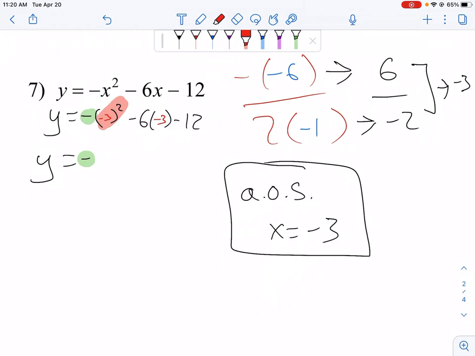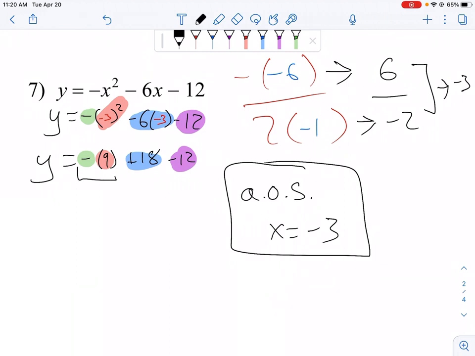Negative 3 squared means negative 3 times negative 3, which gives me a positive 9. I can work these out. Negative 6 times negative 3 is positive 18. And then 12 back here, forever alone, had nothing to do, so I'm just going to rewrite it.